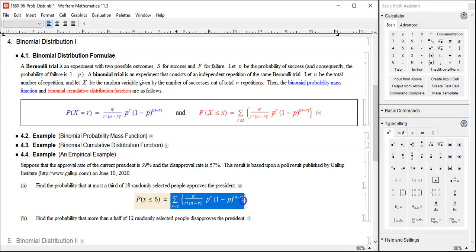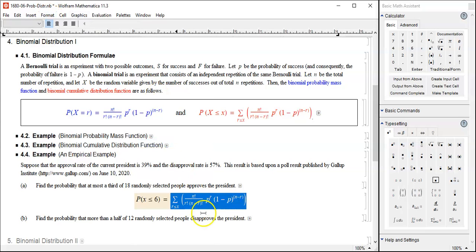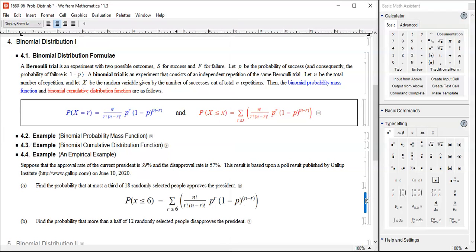And I don't want color anymore, so let's go back to black. Okay. And then for number of successes, 6 or less. Let me increase the font. Okay, so out of 18 people, 18 minus r failures, and then success probability is 0.39.